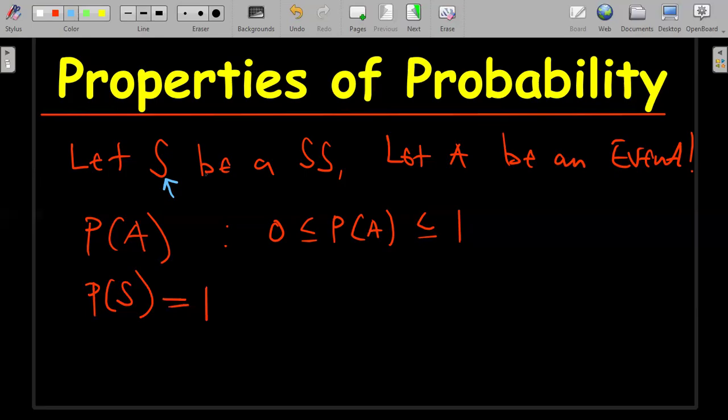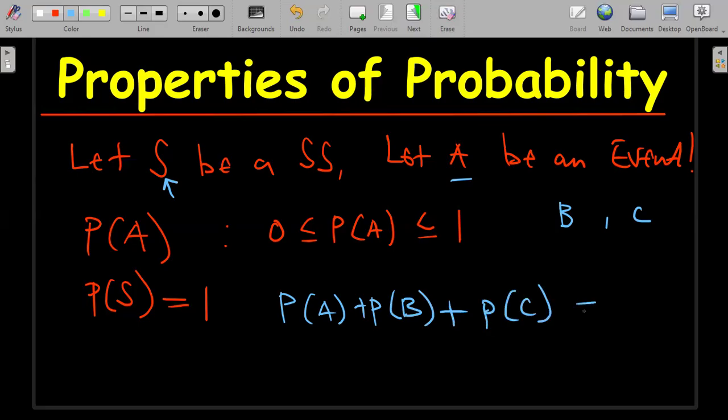For example, if from this sample space S we had the event A, another event B, and another event C, then the probability of A plus the probability of B plus the probability of C should always add up to the probability of the whole sample space, which is 1. So these are the first two important properties that you must know about probability.